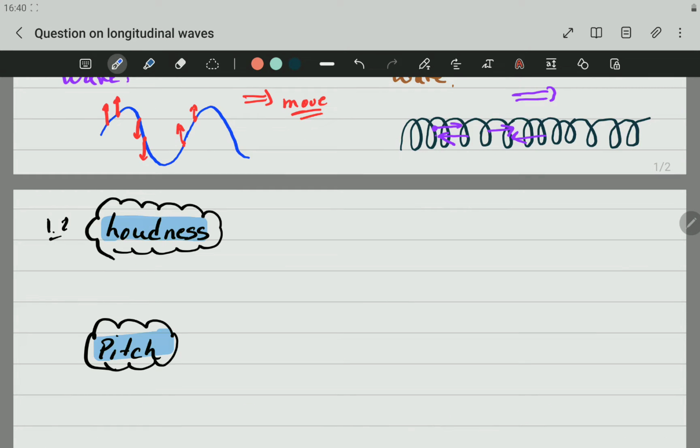Now, loudness. This is about sound, not just about longitudinal wave, but about sound as a longitudinal wave. Loudness is related to amplitude.